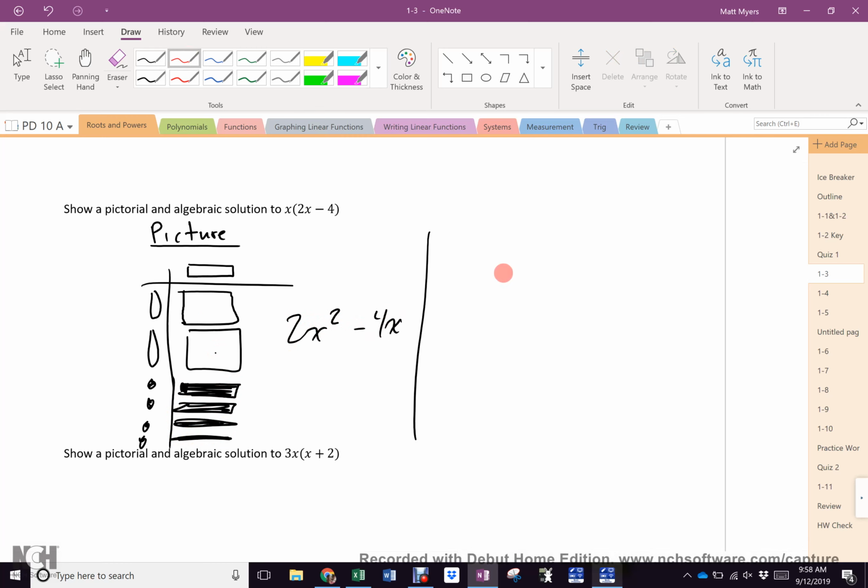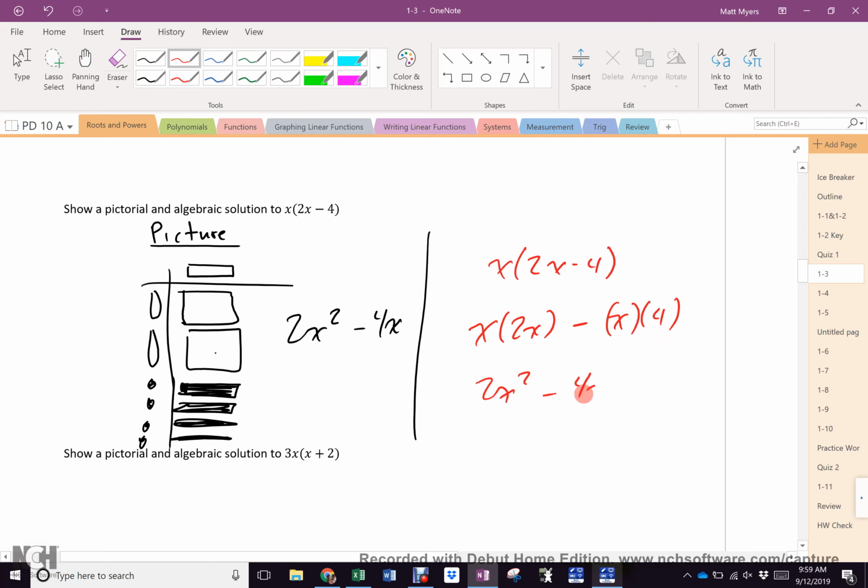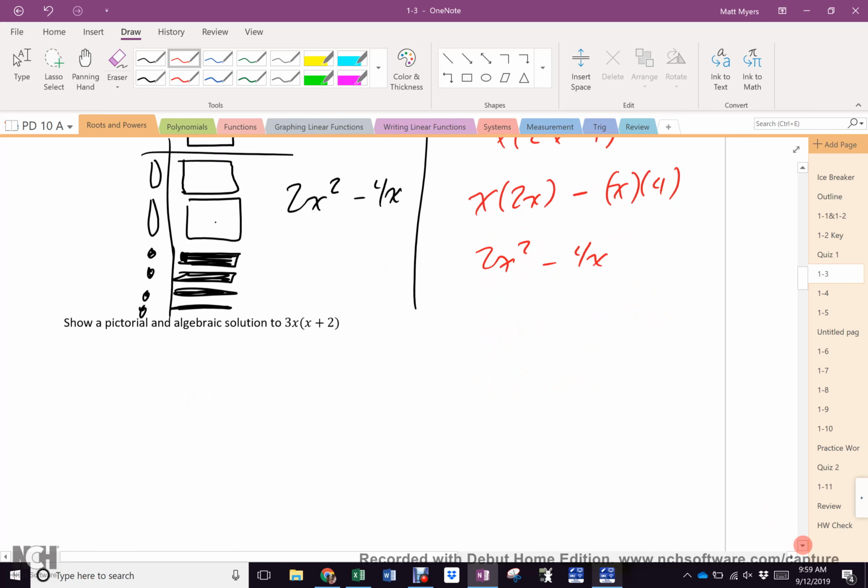And if I'm doing it algebraically, again, you would never write this out this way because it's so simple, but because we're at the teaching part of things, that is x times 2x minus x times 4. And I get 2x squared minus 4x.